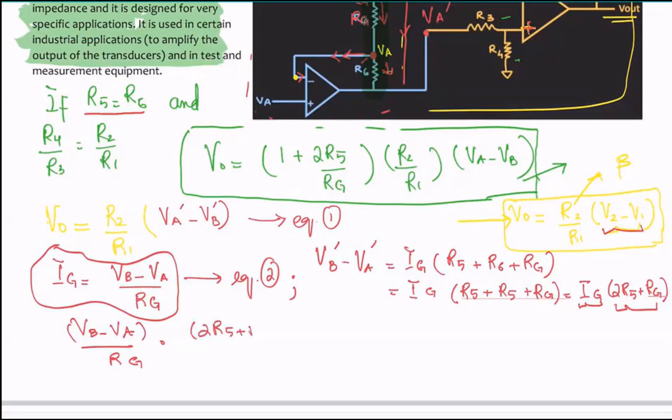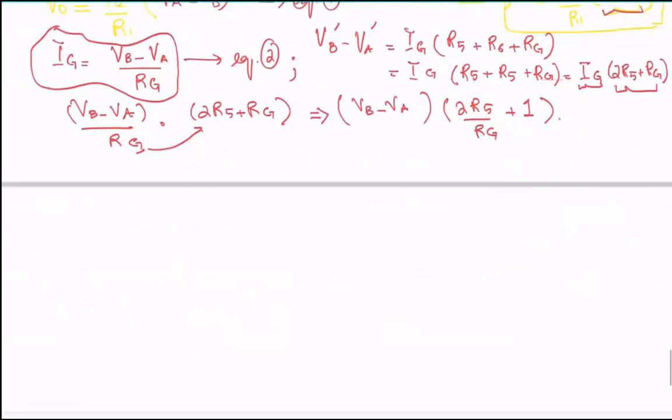I can also rewrite this equation as VB minus VA, and then basically multiply RG with this equation. So I get what? 2R5 over RG, and then when RG is multiplied with this, they both will cancel out, so I'll get 1 here. All right, let's move forward.